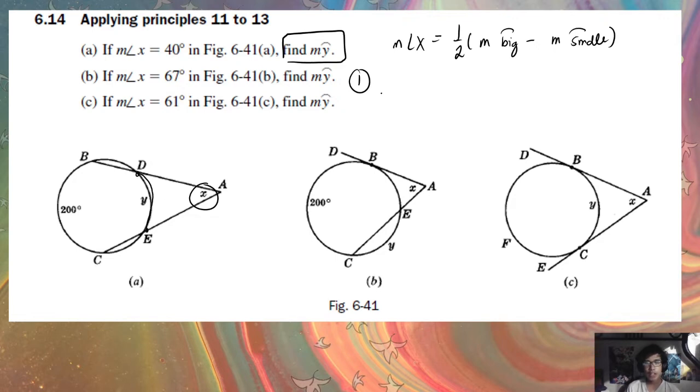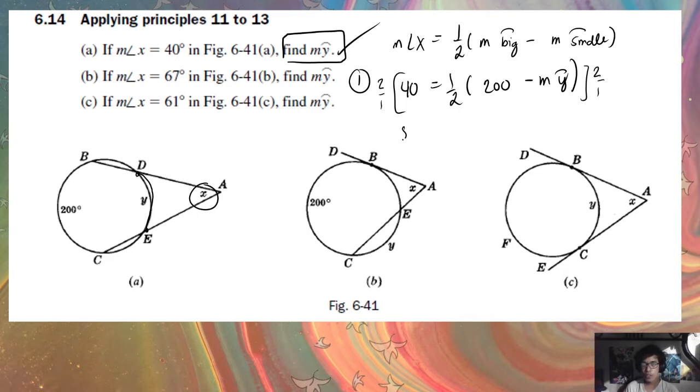The measurement of angle x is going to be 40, equal to 1/2 the measurement of the big angle, which is 200, minus the measurement of arc y. We multiply both sides by 2 over 1 so that the denominator 2 will be removed. This gives us 80 is equal to 200 minus the measurement of arc y.